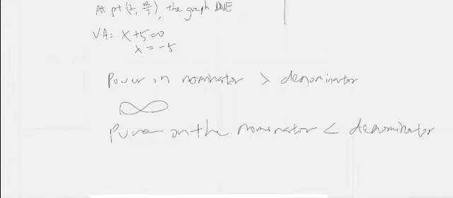If the power of the numerator is less than the denominator, the horizontal asymptote will be 0.